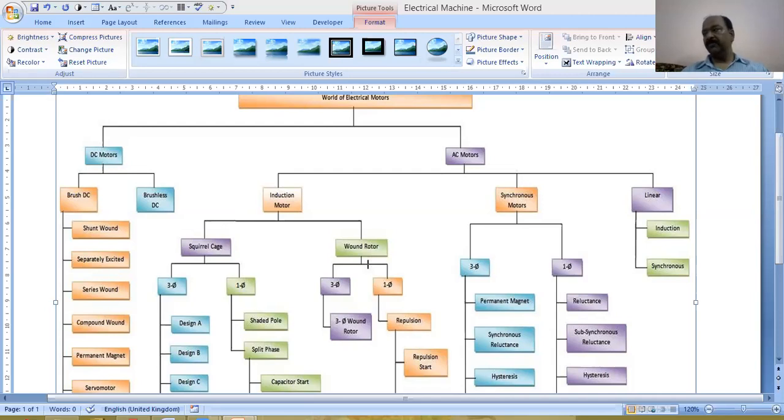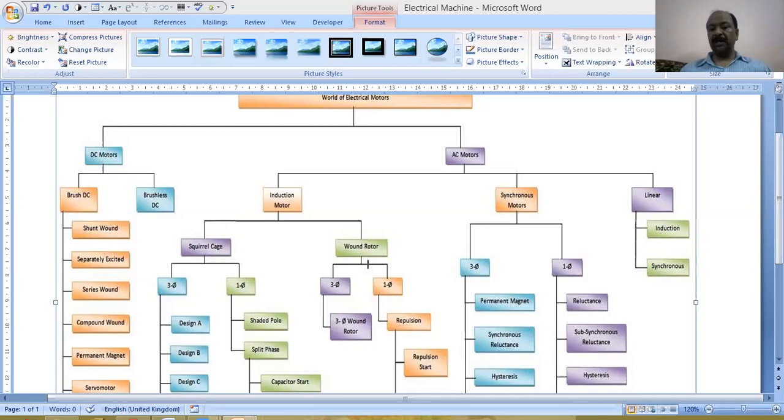One, whenever the series winding and the stator winding are connected in series and the shunt winding is connected in parallel with them, then this type of motor is called the long shunt type motor. If the series winding and the stator winding are connected in parallel with the shunt motor, then this is called the short shunt.